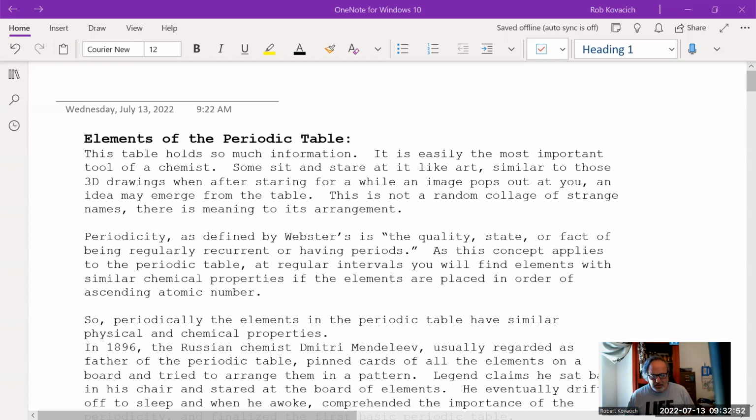The person who gets credit for this is Mendeleev, a Russian scientist. The lore is that he had all of his little 3x5 cards out, and he put a bunch of them up on a cork board. He was standing there staring at them, trying to figure out a way to organize them that made sense.